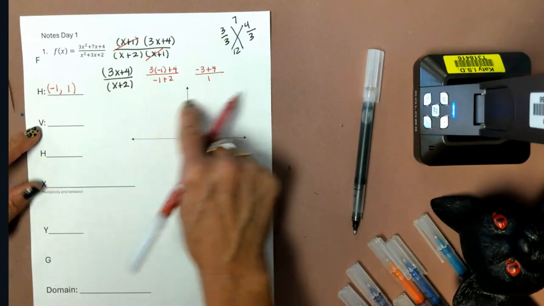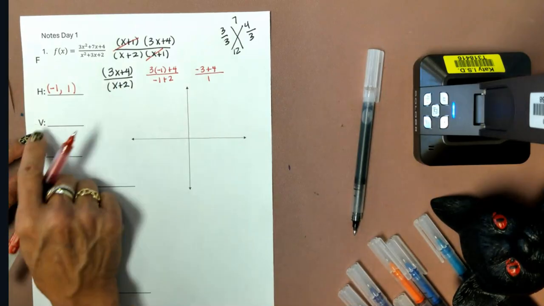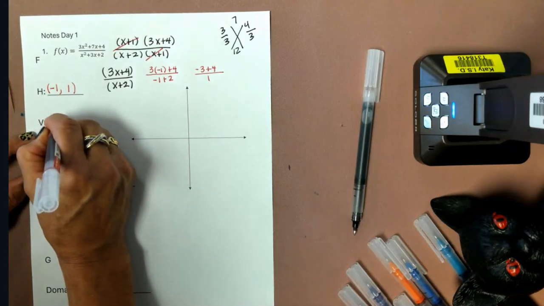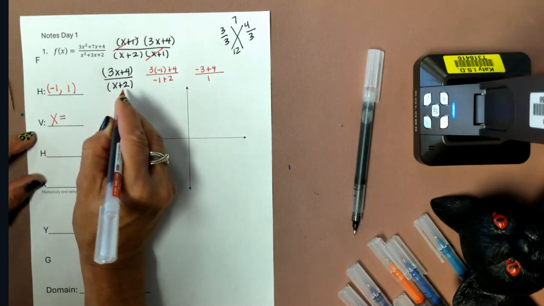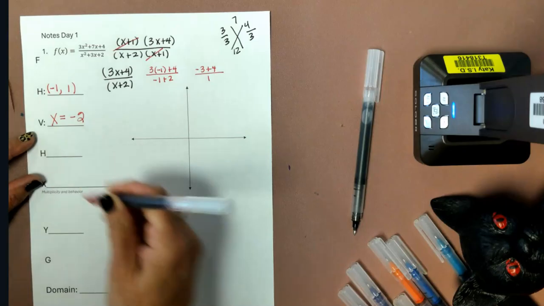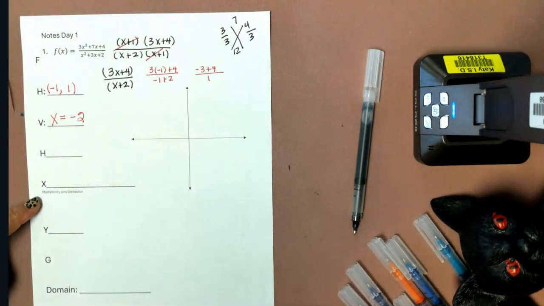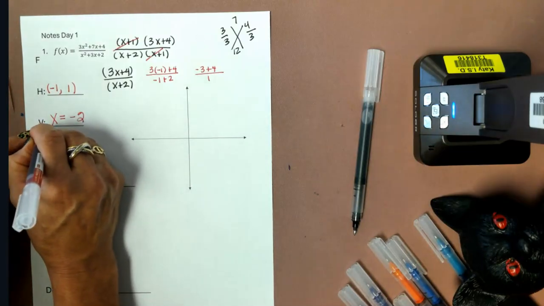That is going to be a vertical asymptote when we graph it. Any restrictions in the denominator become vertical asymptotes. So let's state we have a vertical asymptote at x equals, and it is the opposite, negative 2. Now, before I put my red pen down, just like x-intercepts, vertical asymptotes also have behavior.